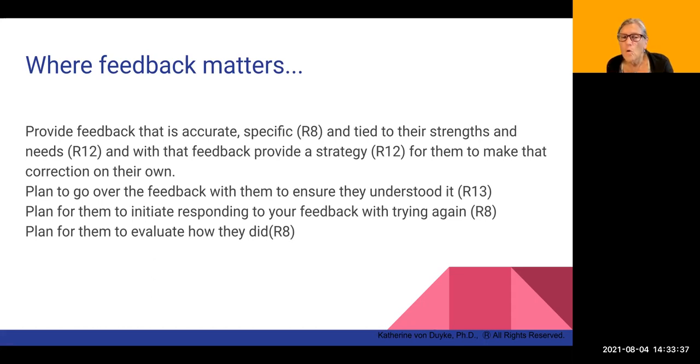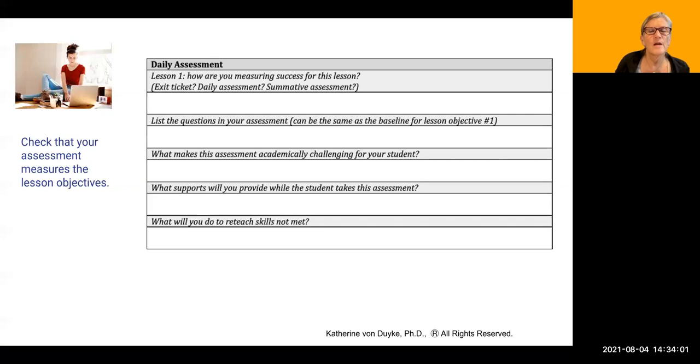But then you also would need to plan to go over the feedback with them to ensure that they understood it. So a perfect way is to conference with them, go over the feedback with them, give them a chance to try again, ask them to read the feedback to you and express to you what they think it means and what they would do differently next time, and then make sure that's in coordination with what you're actually telling them.